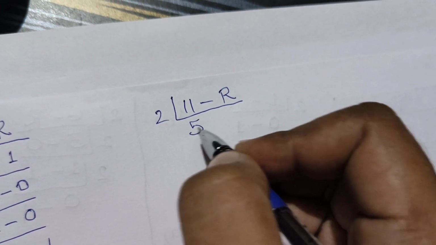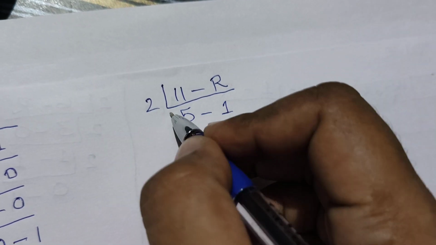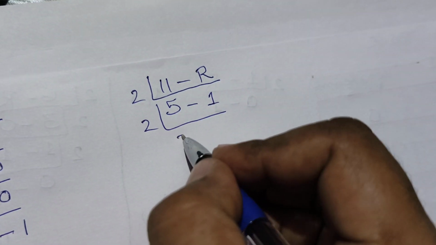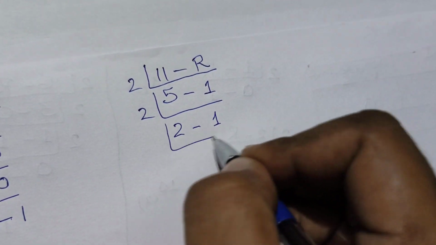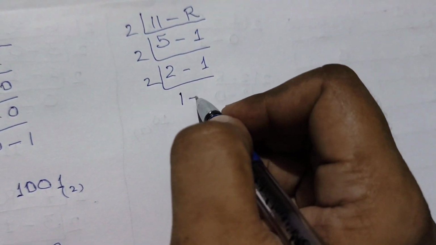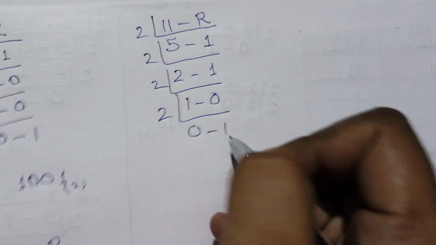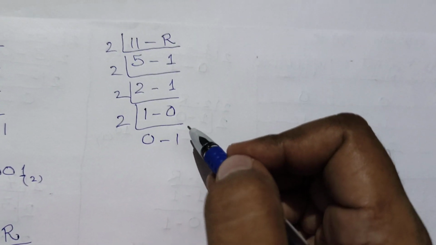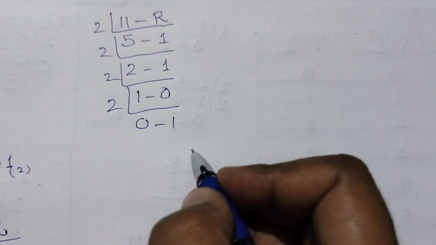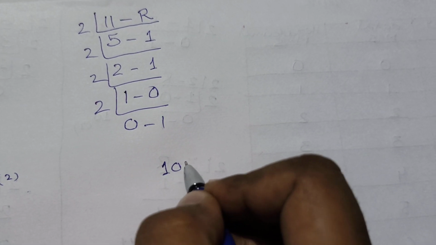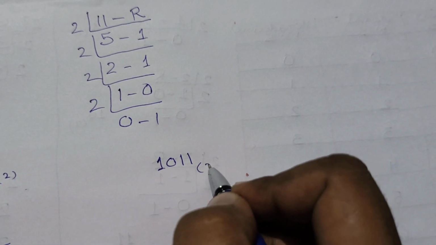2 5s are 10, remainder is 1. Now 2 2s are 4, remainder 1. 2 1s are 2, remainder 0, and here we will put 0 1. From bottom to top it is 1011, 1011 to the base 2.